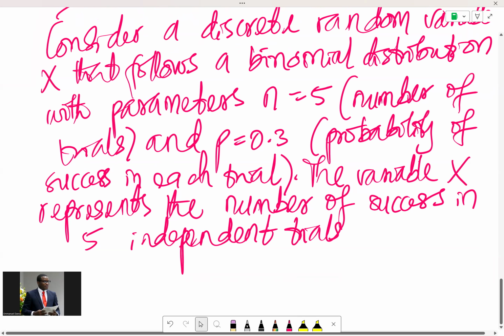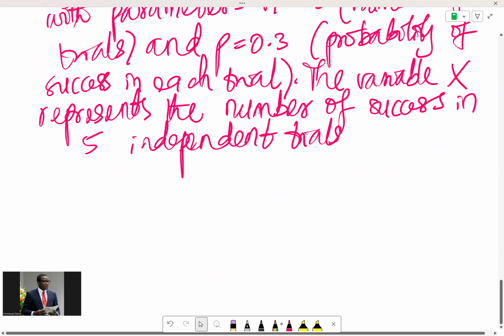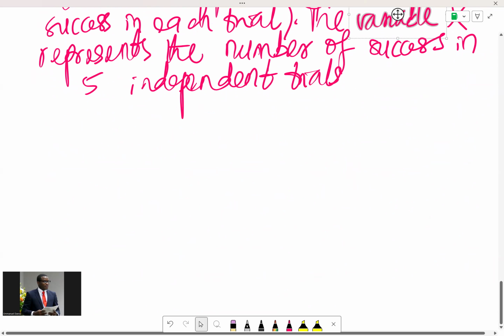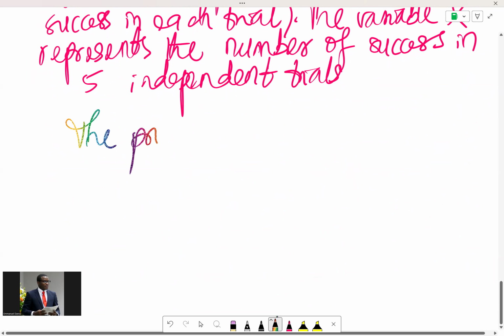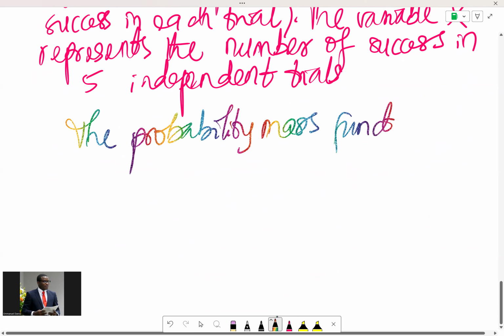Okay, so to solve this, we know that the probability mass function, of course, this is attached to discrete random variables, which is PMF.